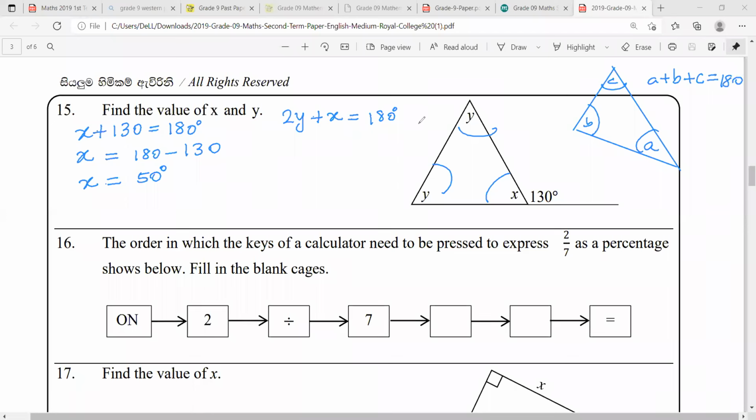And that is how we got the answer for this, right? So here, x is 55. So 2y plus 55 is equal to 180, right? Then I can subtract 55 from both sides. 2y is equal to 125, right?